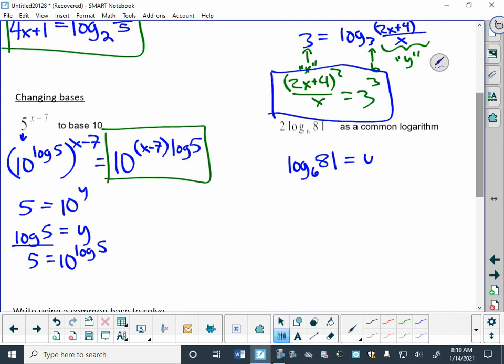Well, if we said it's equal to something, right, then we could rewrite this in its exponential form, and it would say 6 to the y is equal to 81. And then using what we did on the other side over here, we know that 6 is the same thing as 10 to the common log of 6.